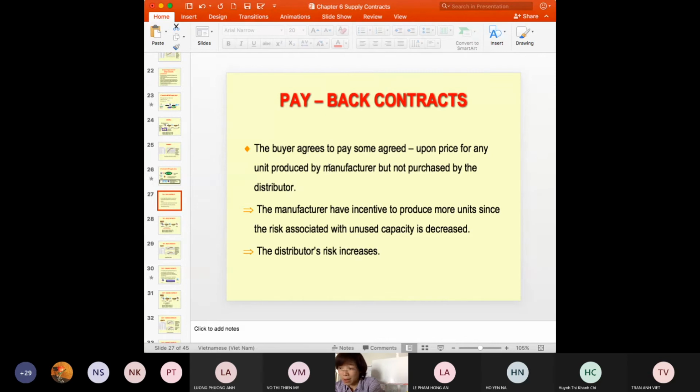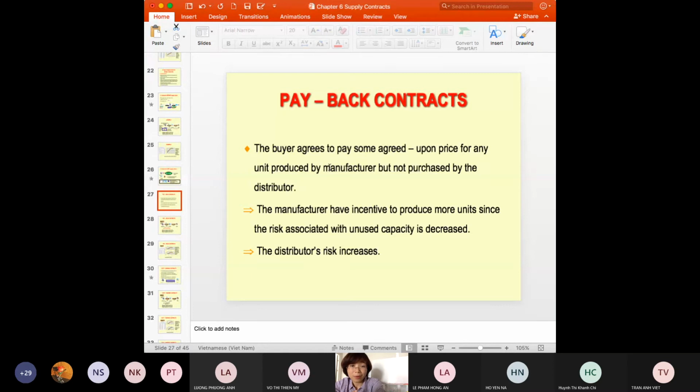Payback contracts. For payback contracts, the buyer agrees to pay some agreed upon price for any units produced by the manufacturer but not purchased by the distributor. They pay back. So you understand this. It means the buyer has an agreement with the supplier.